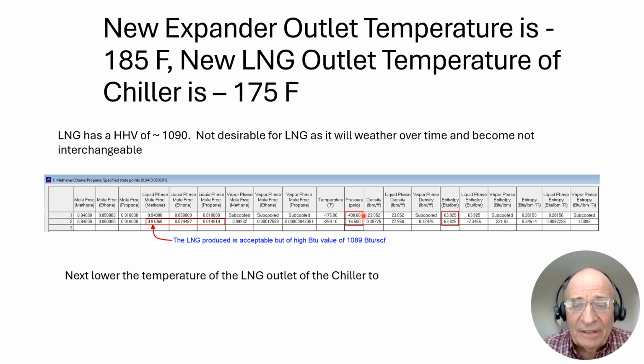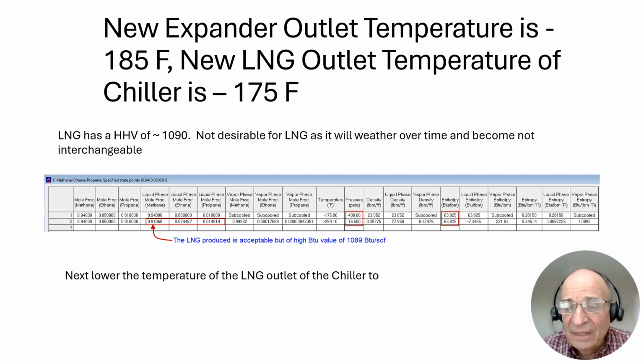So here we are with our inlet condition of 400 psi absolute and minus 175 degrees Fahrenheit. Our feed gas is 94% methane, 5% ethane, 1% propane.